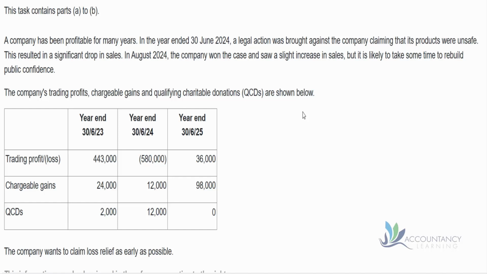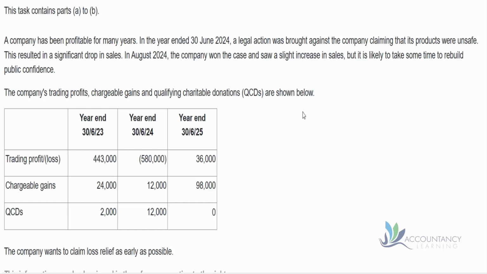If we want to get cash as quickly as possible, then we need to carry back the losses. But if we do that, we will lose the benefit of relief from those charitable donations. So while we'll get cash quickly from HMRC, we may get a refund for the prior year, but it means that overall, over the 3 years, we may pay more tax.